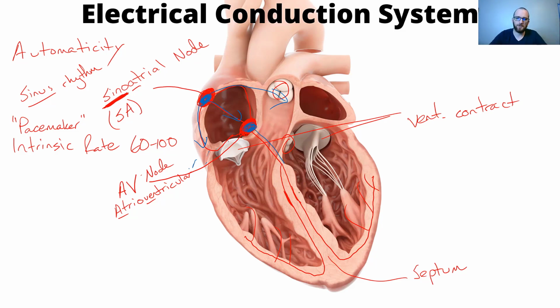And then it sends that electricity very fast down the ventricles, and then works its way back up, now causing the ventricles to contract. Right? So it works its way through atria contract, pause, ventricles contract.